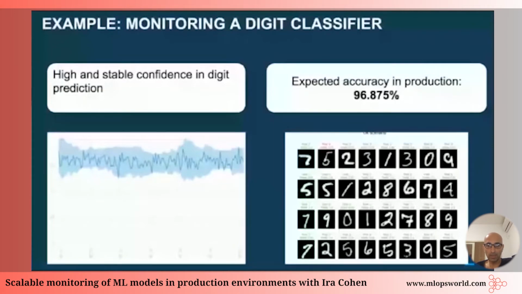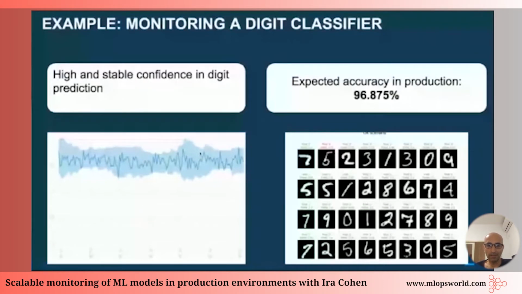So whenever it said it's digit 5 or digit 2 or digit 1, it was quite confident about it. And that's the chart you see on the left. By the way, the shaded area is the confidence interval that our system learned for the output probability, the confidence in the output probability of each class.